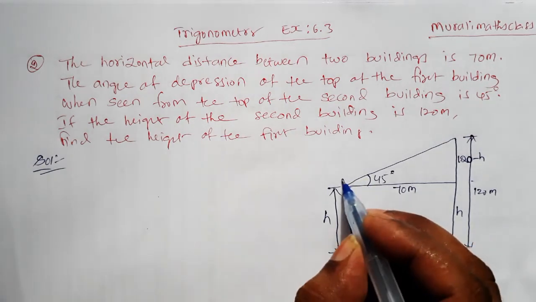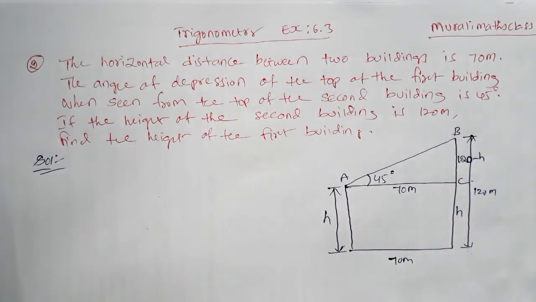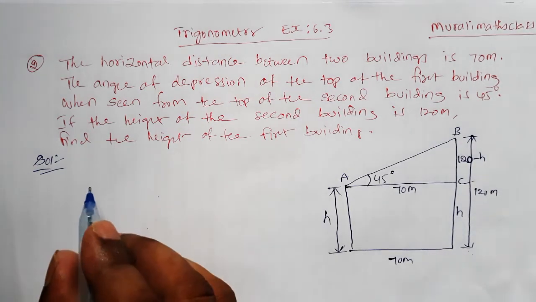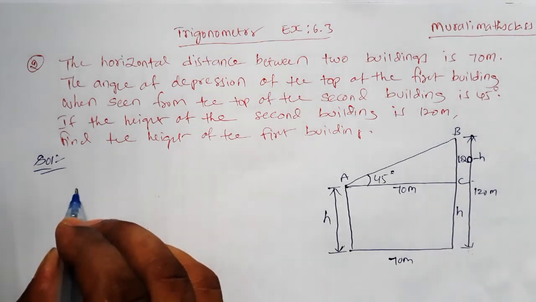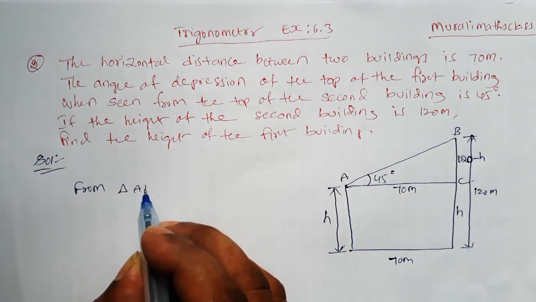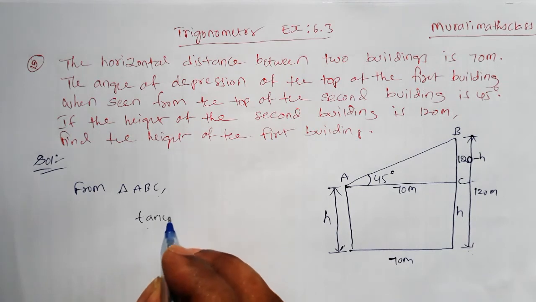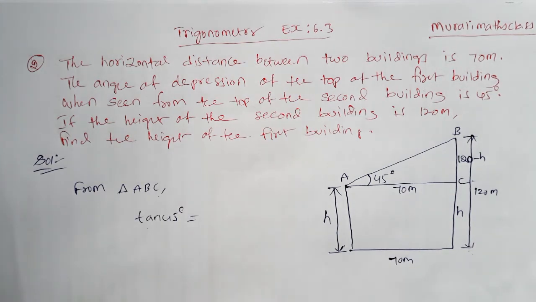Now give the names for this: A, B, C. So from triangle ABC, tan 45 degrees equals, we need to find this height.